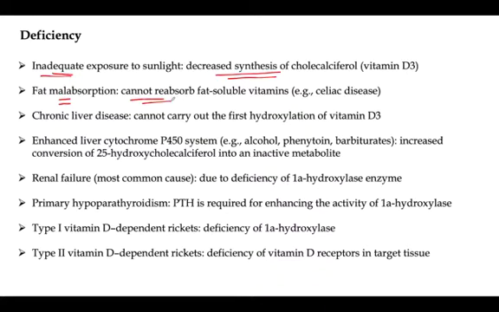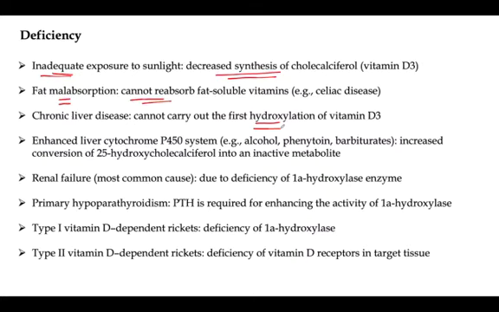Then we have chronic liver disease, where there is also a deficiency of vitamin D, because the first hydroxylation in the process of vitamin D synthesis occurs in the liver.